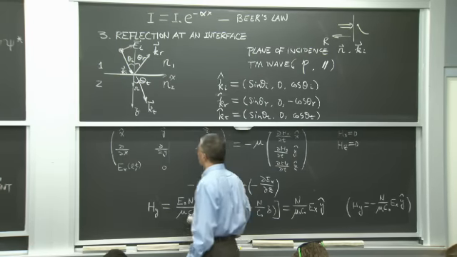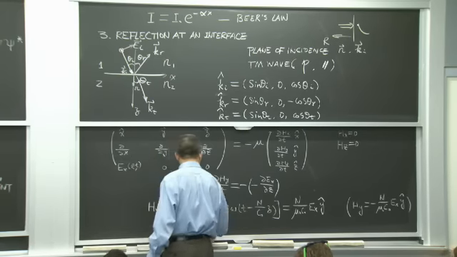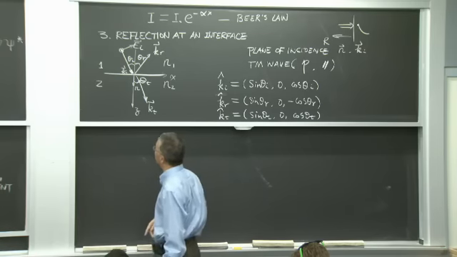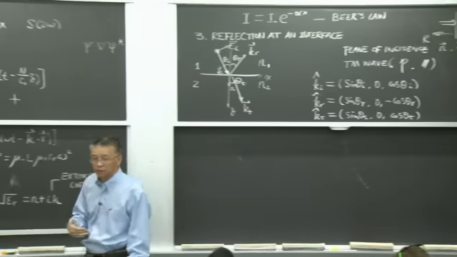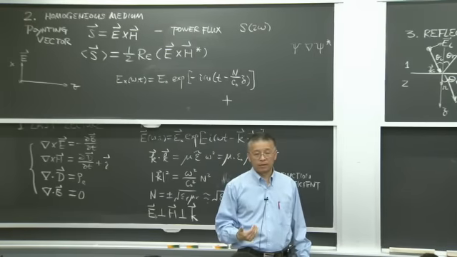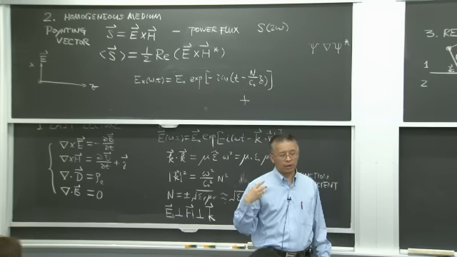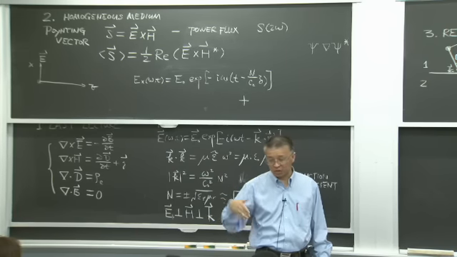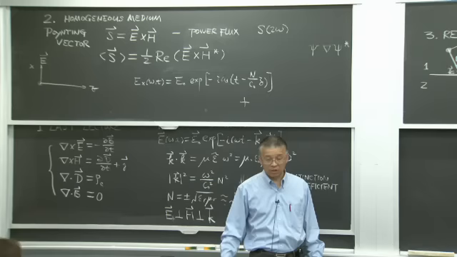Now what I do next is to write the component because I need the boundary conditions, right? Recall for the material wave, Schrodinger equation, the wave function is continuous, and the derivative of the wave function is continuous.